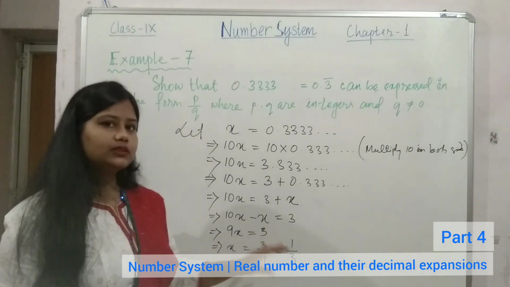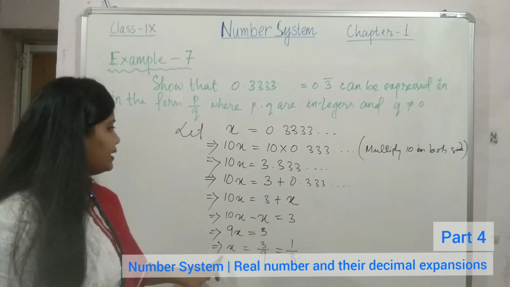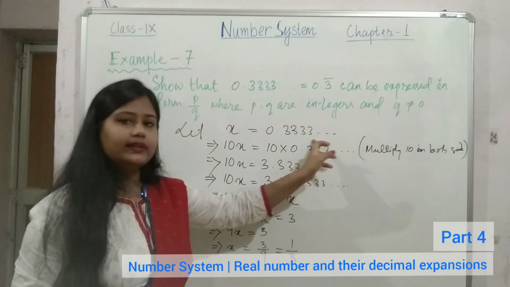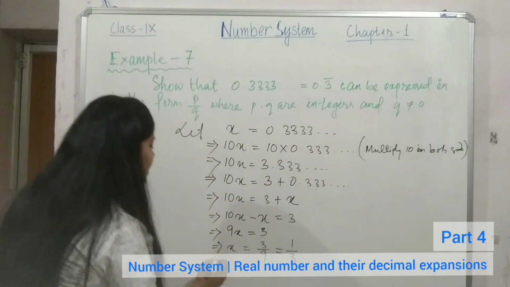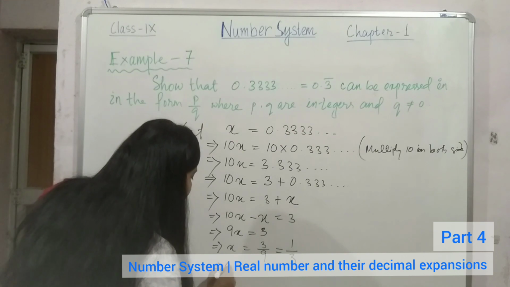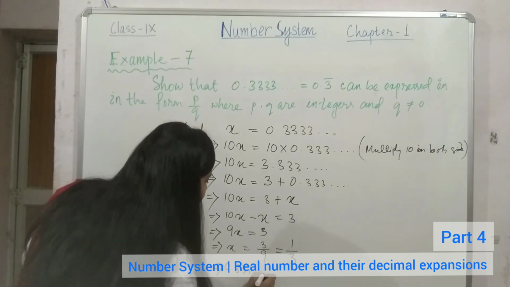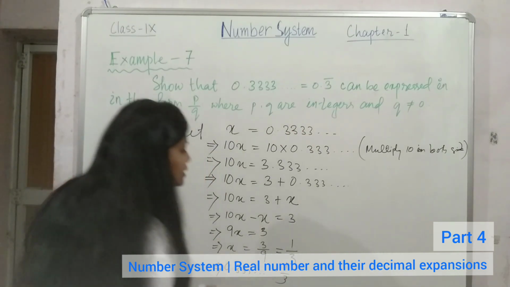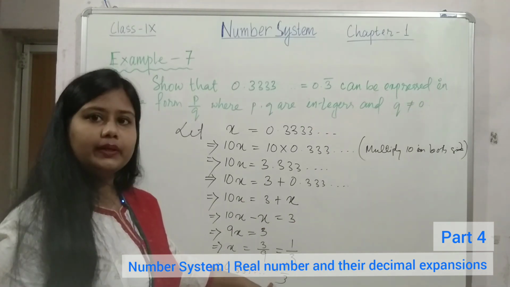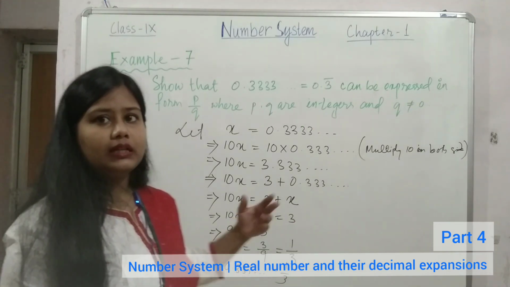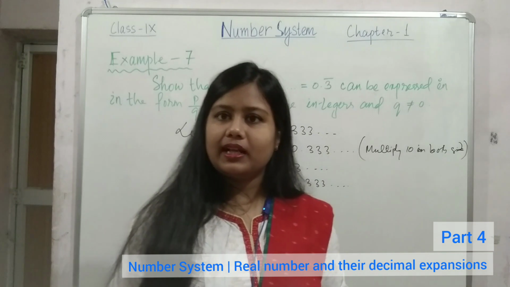So the value of x is 1 by 3 and x is the given decimal number. So the value of that number is found to be 1 by 3 and it is in the form p by q. So 0.3 bar is a rational number.